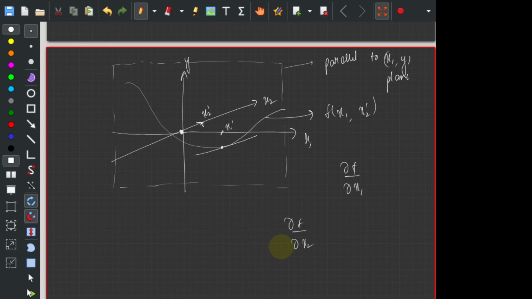Correct? So in other words, I'm picking these two directions and I'm trying to find the slope of a straight line which is tangential to my given surface. Correct? Now suppose I want to evaluate the slope of a tangent along any other direction. What would that be equal to?